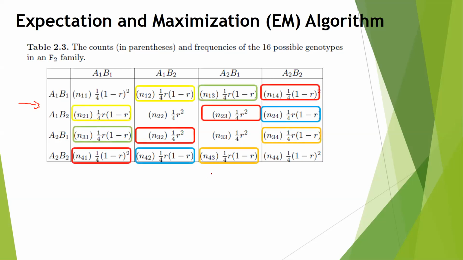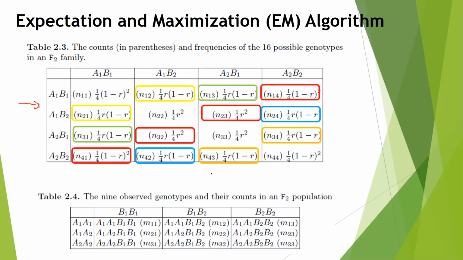All right. But in reality, we only see 9 categories. So why is that? Because if you look closely at this table, you're going to see the same color represents the subcategories that are confounded by each other.